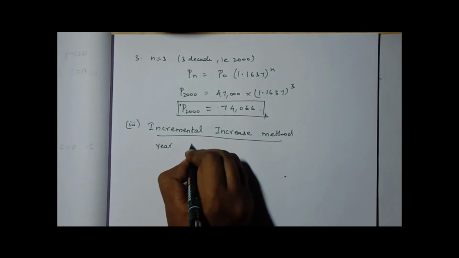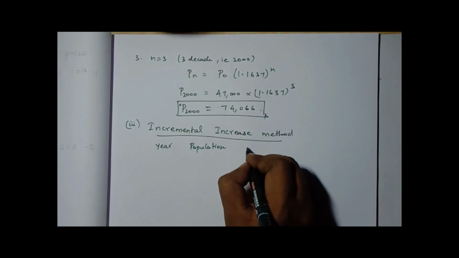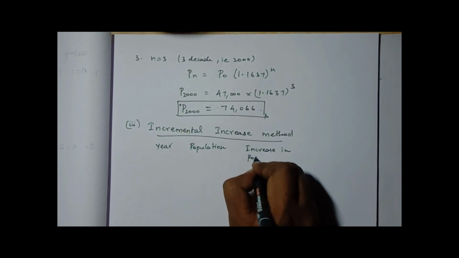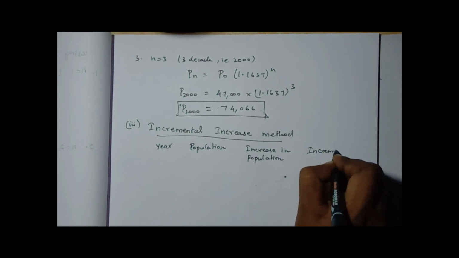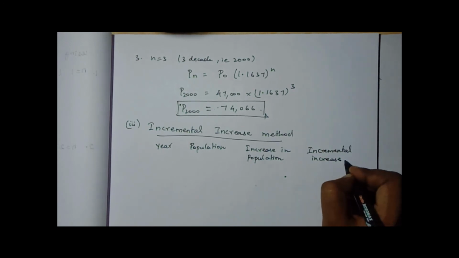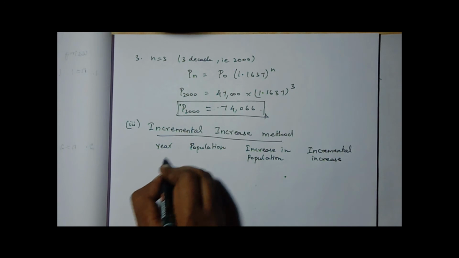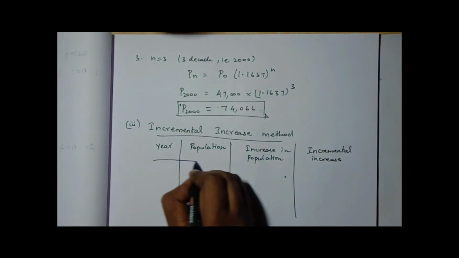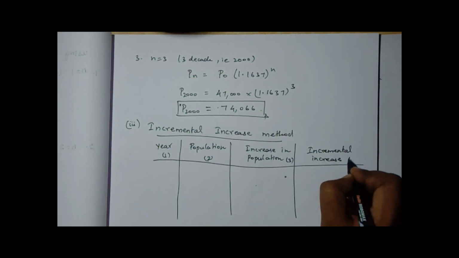So the first column is year, the second is population, the third is increase in population, and the fourth is incremental increase, which is nothing but the increment of the increase. So we'll put a table: column 1, column 2, column 3 and column 4.